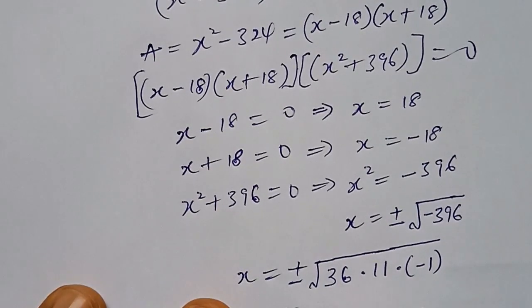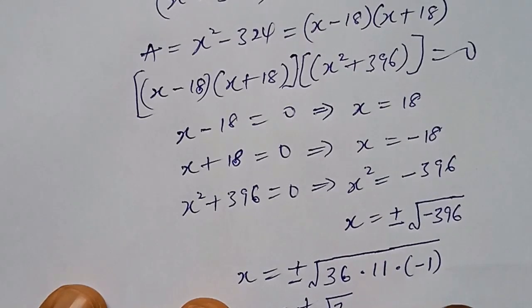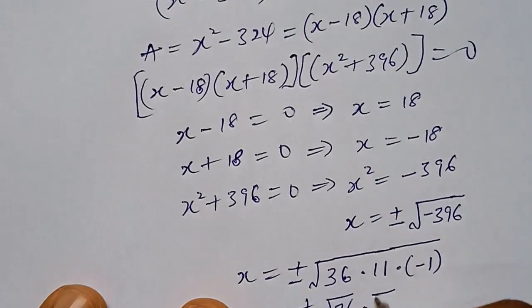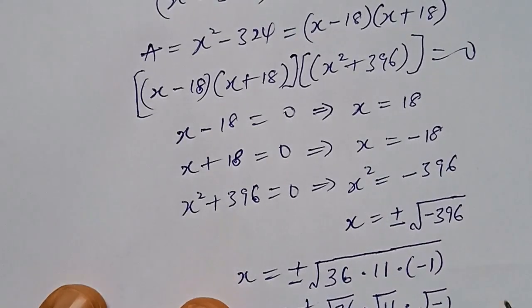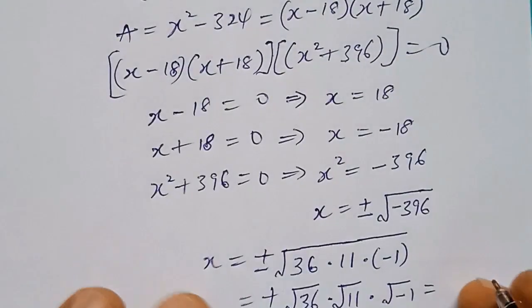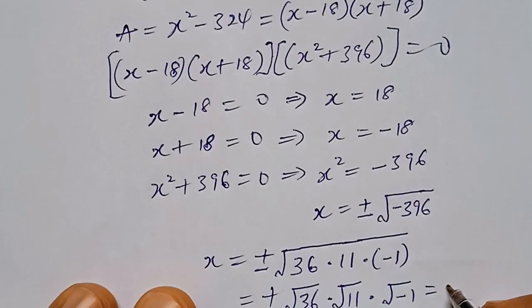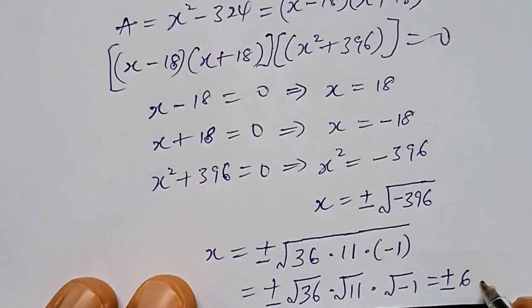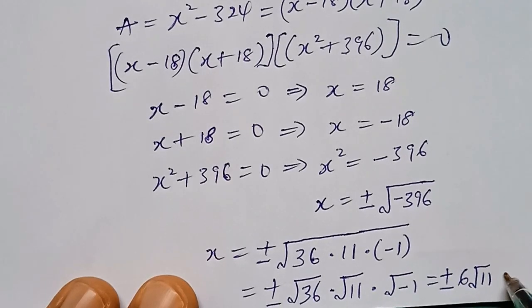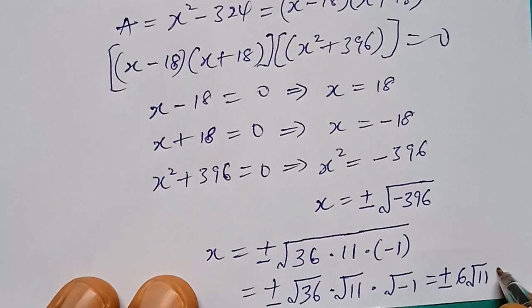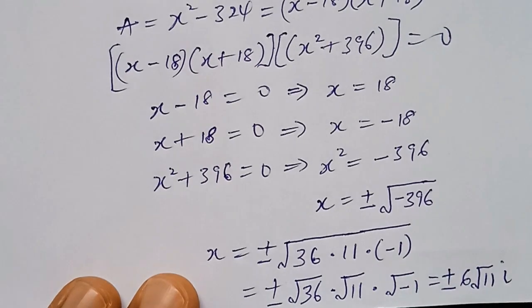That is, x equals plus or minus the square root of 36 multiplied by the square root of 11 multiplied by the square root of minus 1. The square root of 36 is 6, then we have the square root of 11, then the square root of minus 1 will be i.